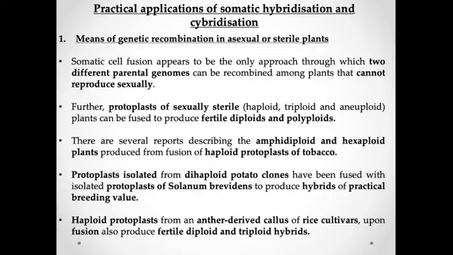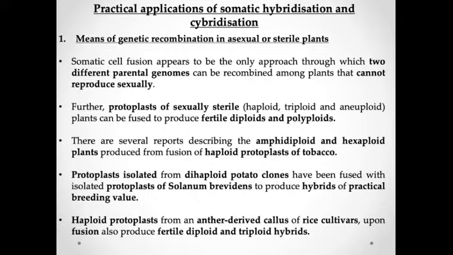So two species which are not possible in nature, we can grow here with the help of somatic hybridization. Further, protoplasts of sexually sterile plants, that is haploid, triploid, and aneuploid plants, can be fused to produce fertile diploids and polyploids.